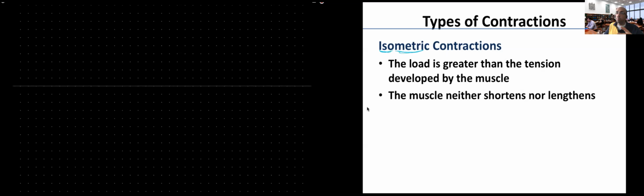Again, the load in this case is greater than the tension developed in the muscle. So the muscle neither shortens nor lengthens. I am not stretching the muscle, and I'm not able to shorten the length of the muscle, although I have an increase in the tension.